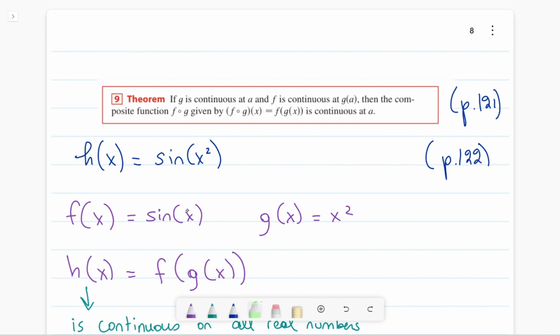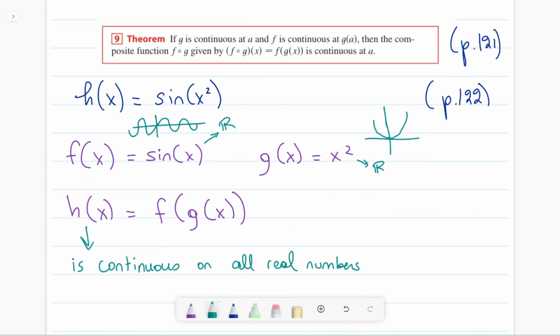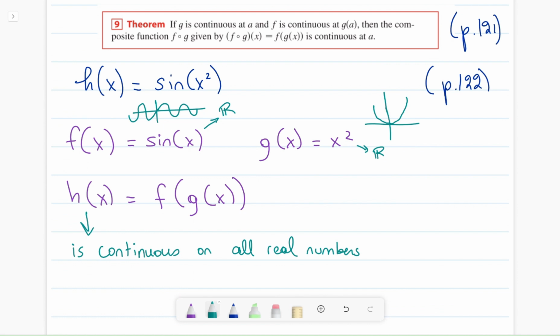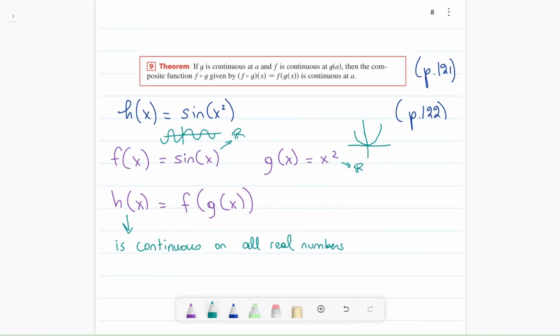So if f of x is equal to sine of x, and a reminder that the graph of sine of x looks something like this, its domain is all reals, and the graph of g of x, let's say g of x is x squared, the graph of x squared looks something like this, and again the domain is all real numbers, then h of x, which is equal to f of g of x, is continuous on all real numbers.